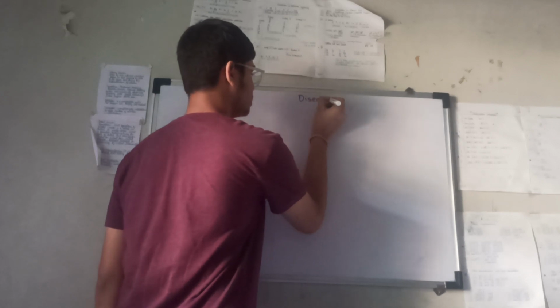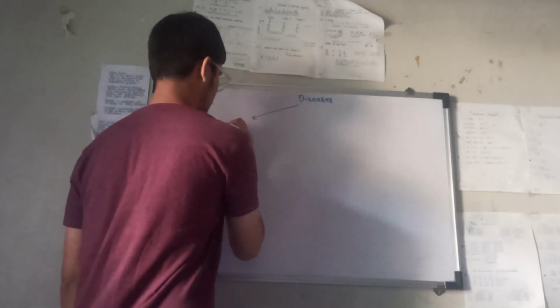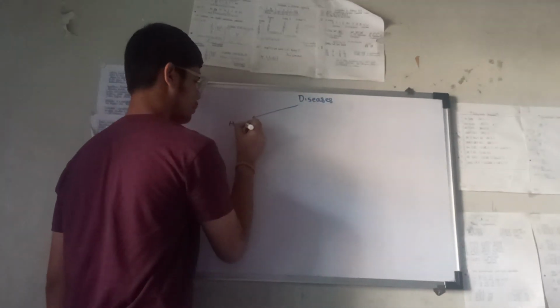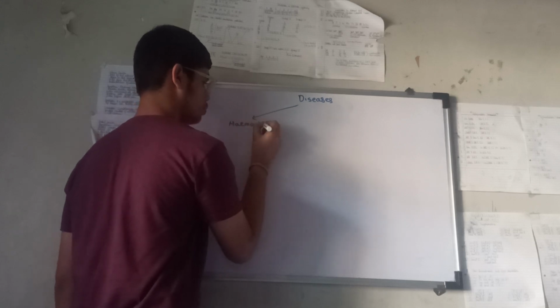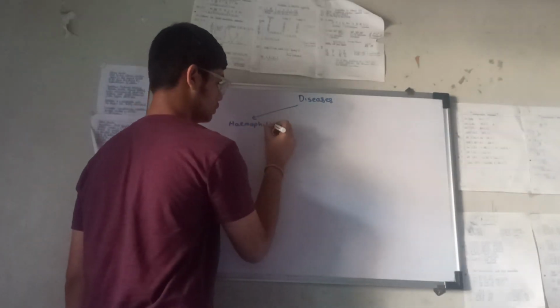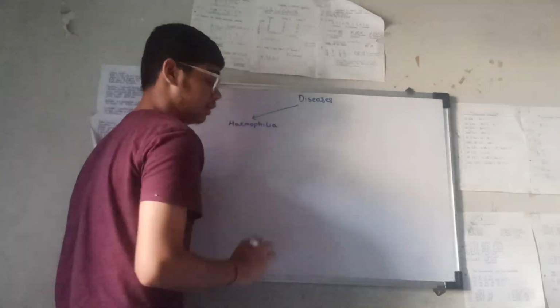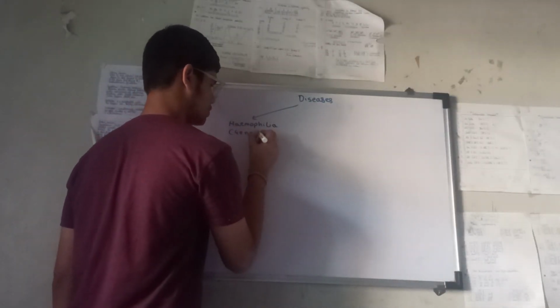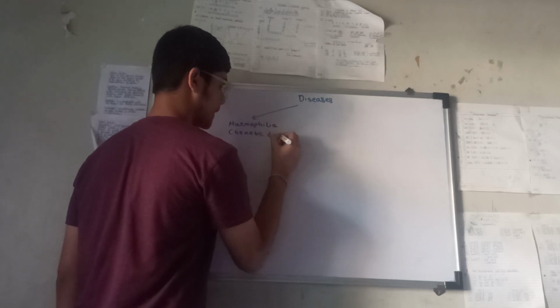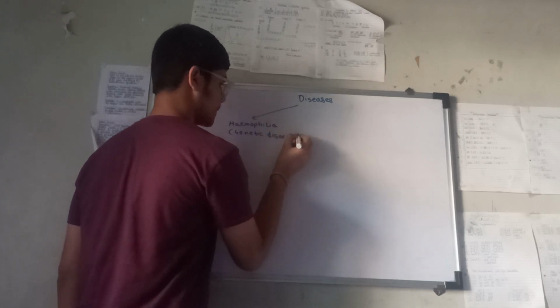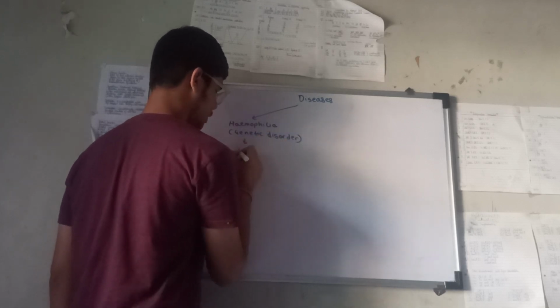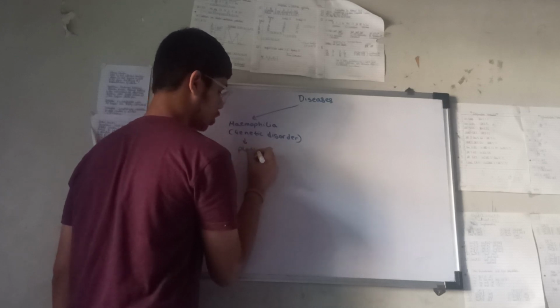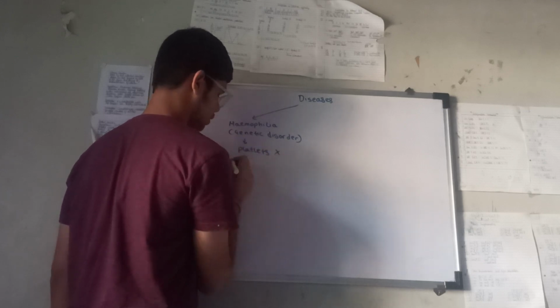Diseases like hemophilia. Hemophilia is a genetic disorder where platelets are absent.